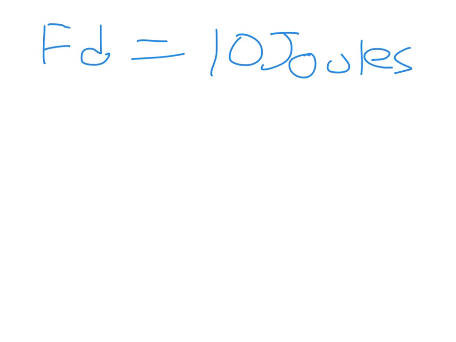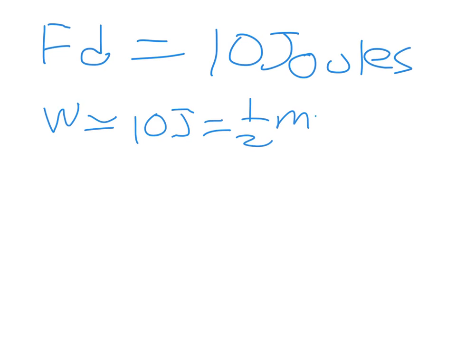We can say that if that's the net amount of work done on my mass, then the mass is going to speed up. It's going to start moving, and its kinetic energy, that 1/2 mv squared, is going to change. And so I would say that the work, which is equal to 10 joules, is going to be equal to 1/2 the mass times the velocity squared.